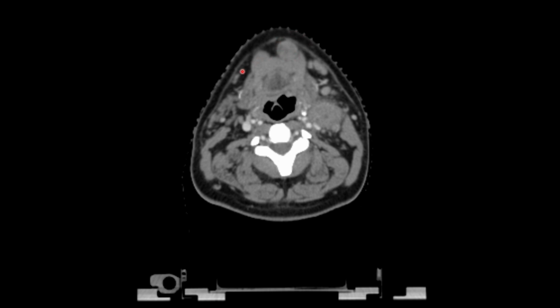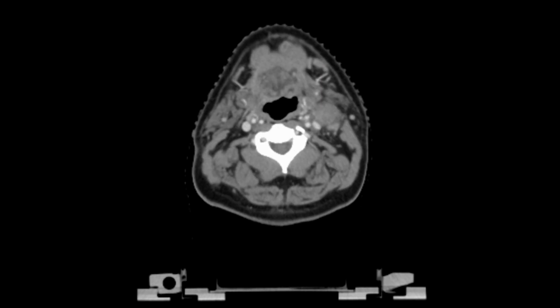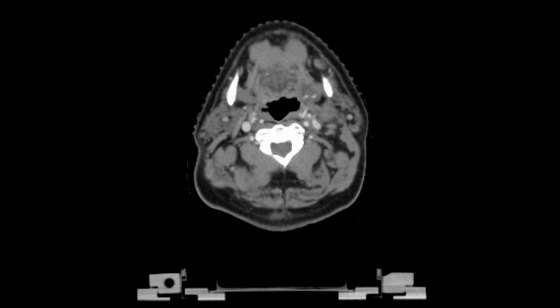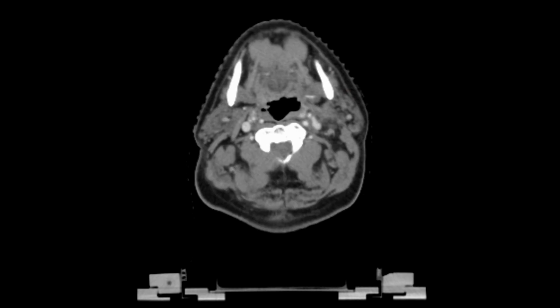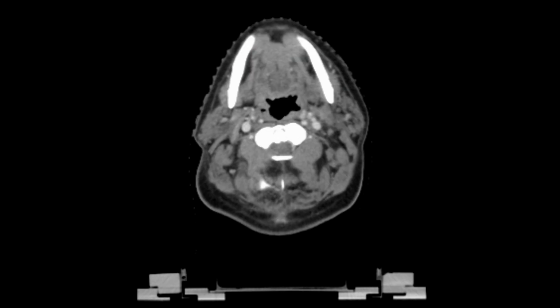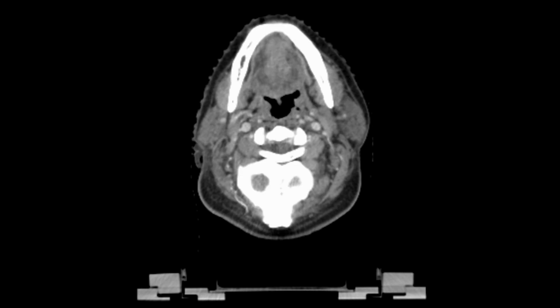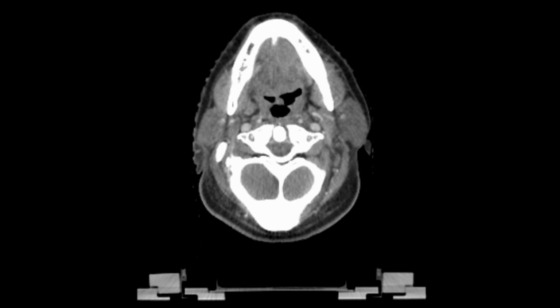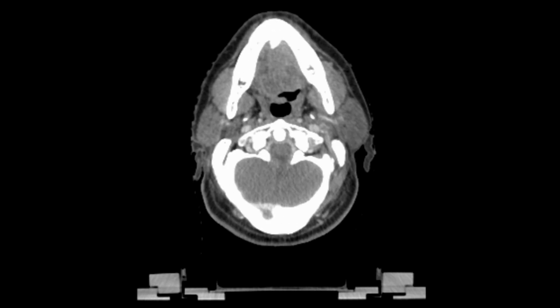But normally, if this platysma is not breached, that will be your superficial limit. So again, this here is the platysma. Again, as we are going cranially, it's not as prominent.